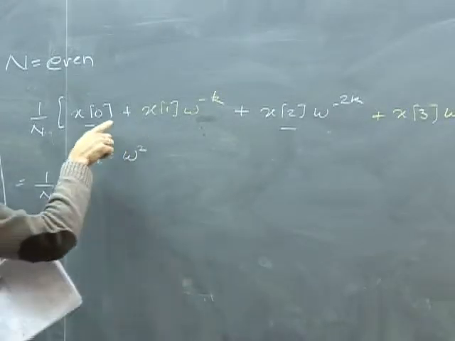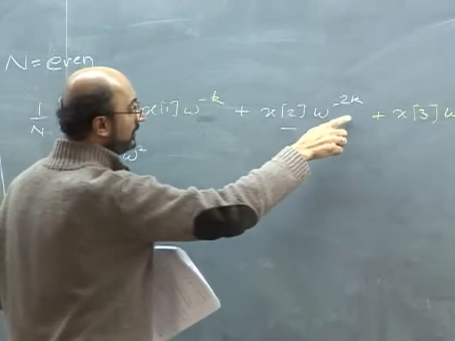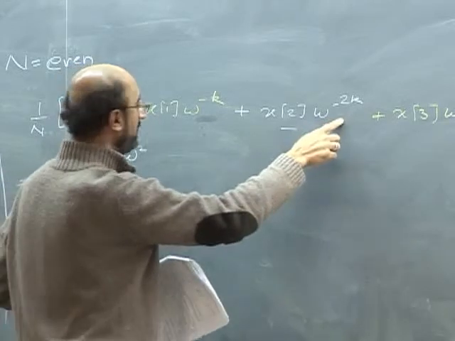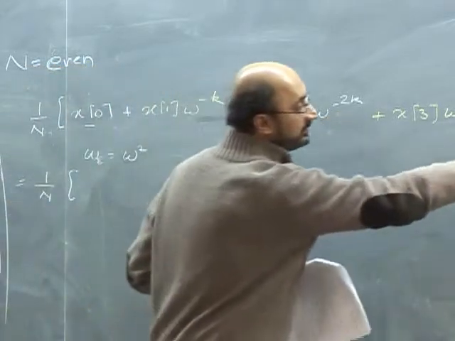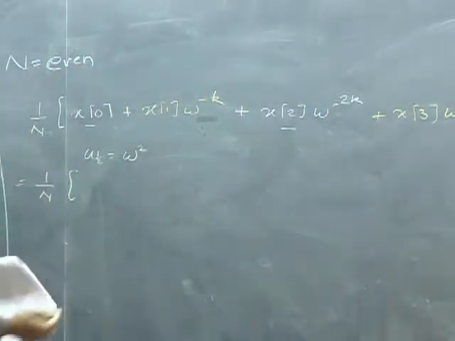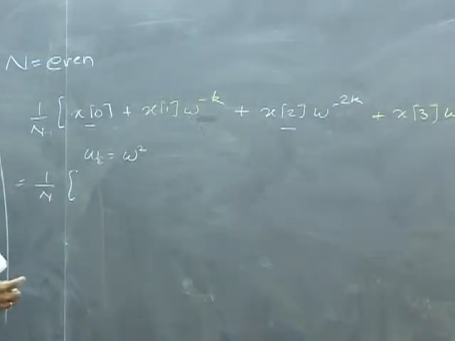So then these are all powers of 2. This just becomes omega e to the power k, omega e to the power n minus 1.